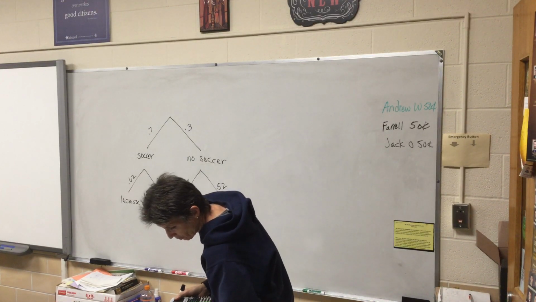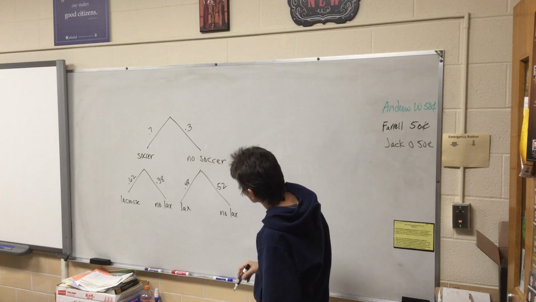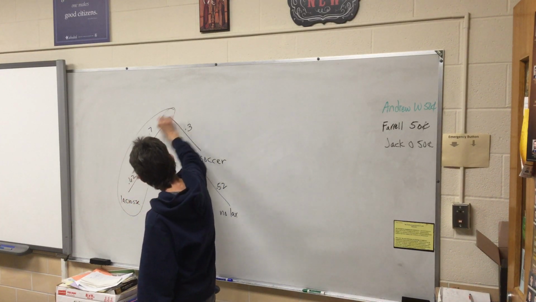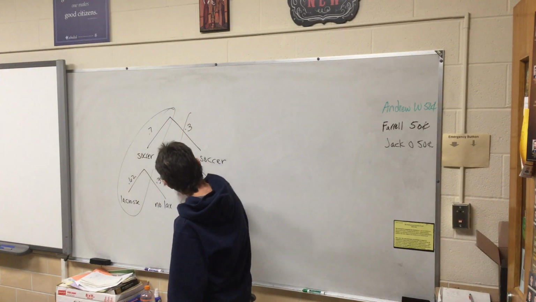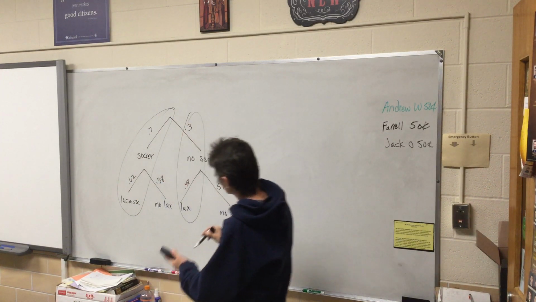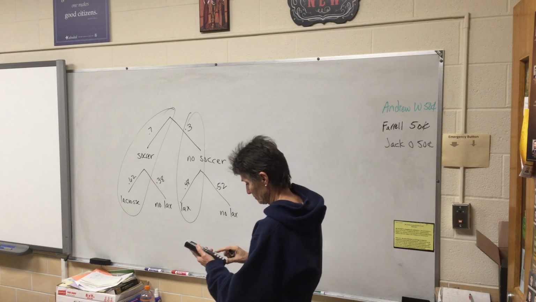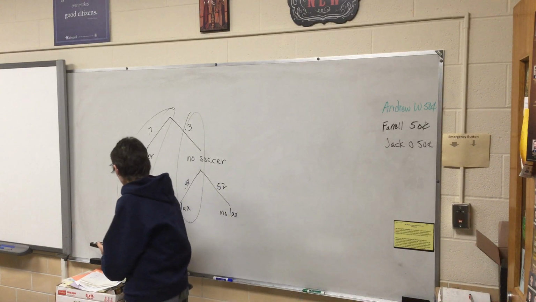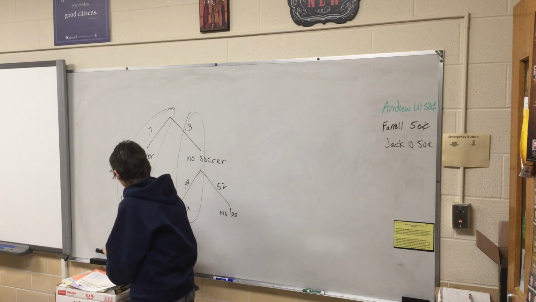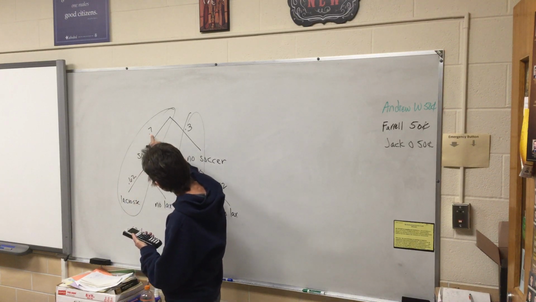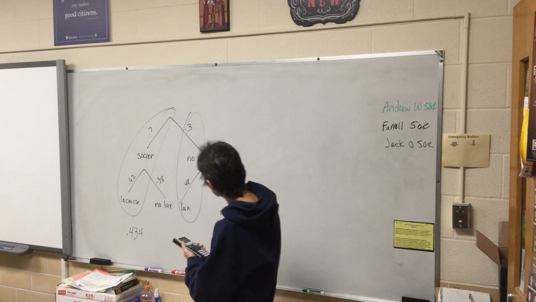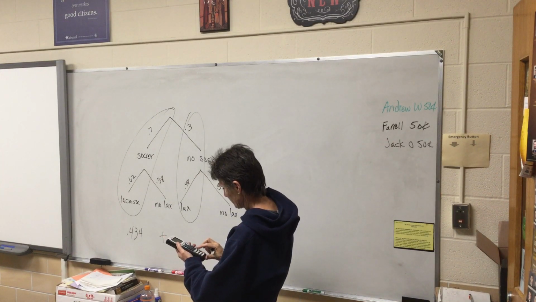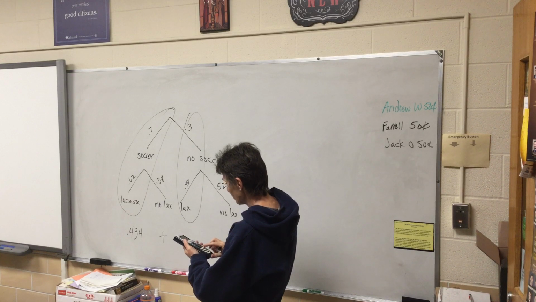Now we want to know the probability of him playing lacrosse. So that's there or here. So this is 0.434. Remember, we multiply on the branch. So 0.7 times 0.62, or 0.3 times 0.48.